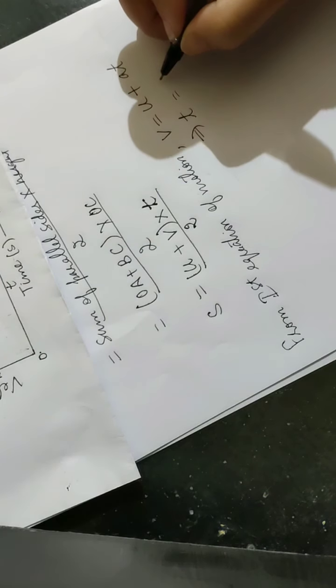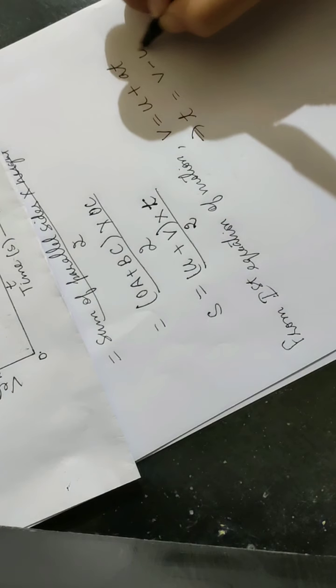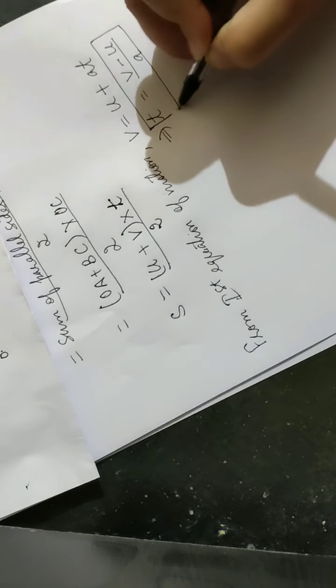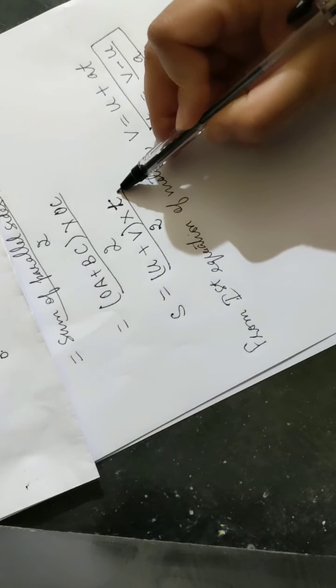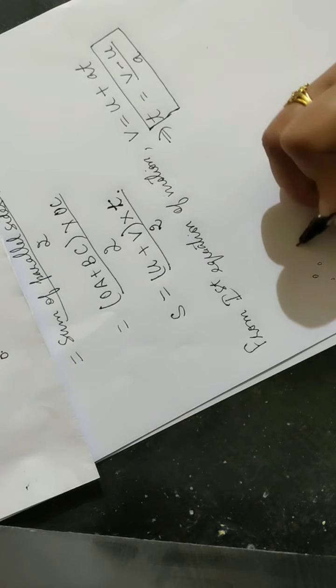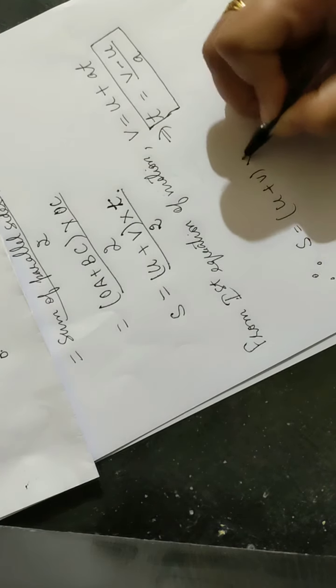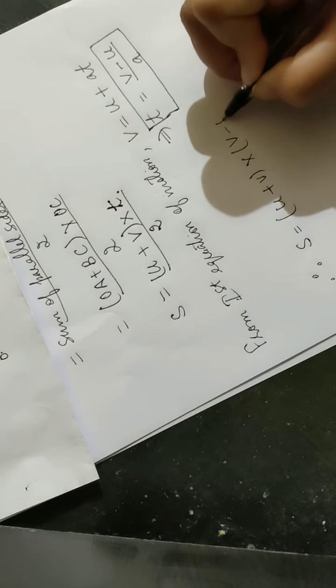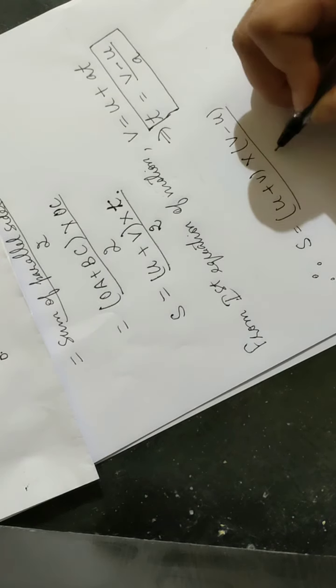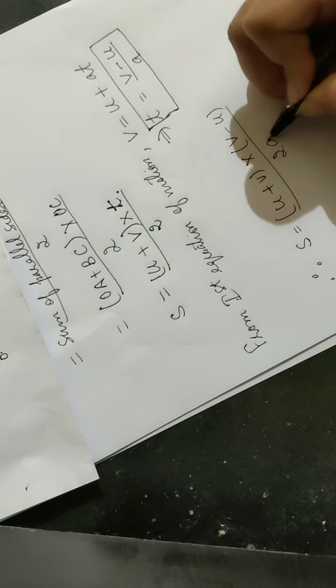T becomes V minus U upon A. Now, substitute this value of T into this equation. Therefore, S becomes U plus V into, what is T? It is V minus U upon 2 into A.